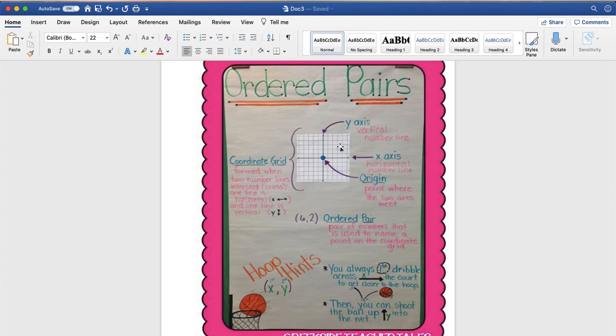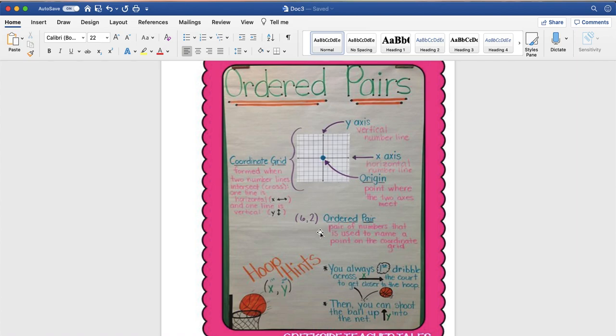Quadrant 1, quadrant 2, quadrant 3, and quadrant 4. So our coordinate plane looks like a lowercase t or a cross, and it's separated into 4 boxes, and each box is called a quadrant.